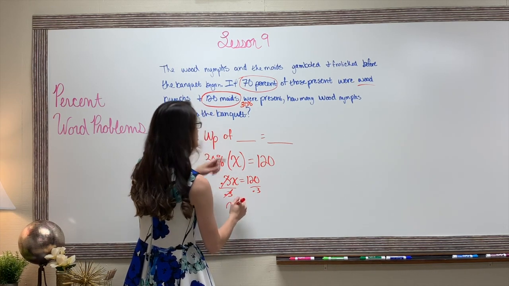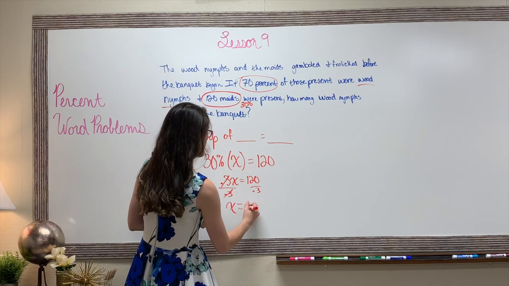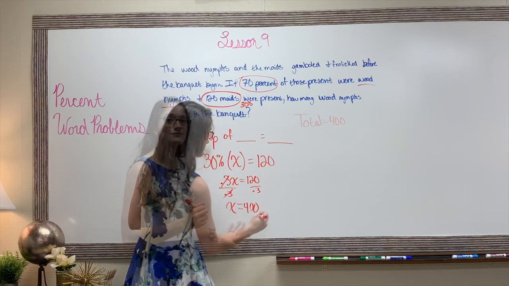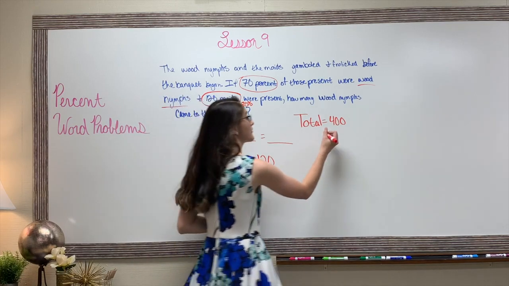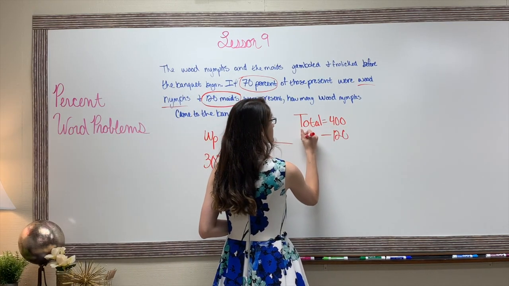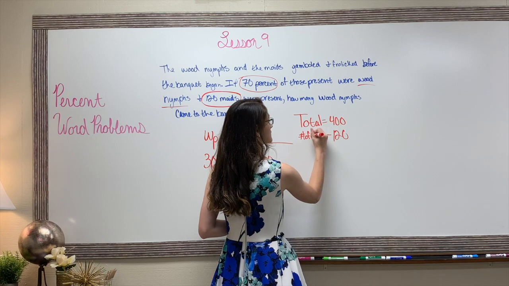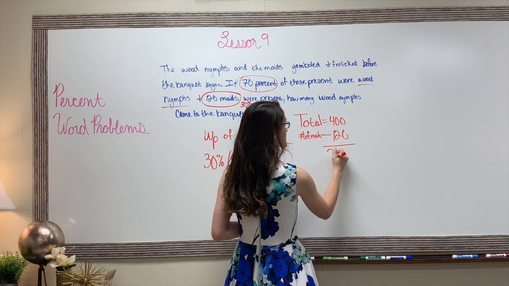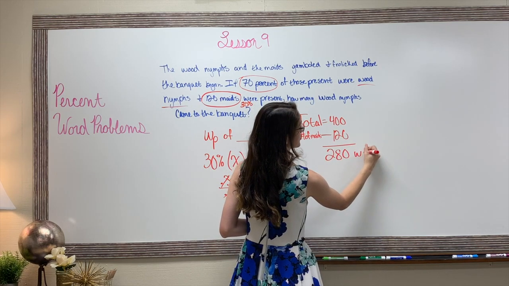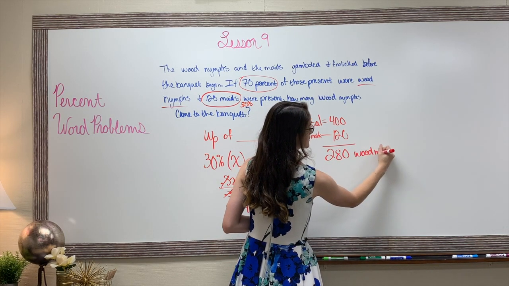So x, our total number, is going to be 400. Okay, so now that we know that our total is 400, I can subtract the number of maids. And I will get 280, which is the number of wood nymphs.